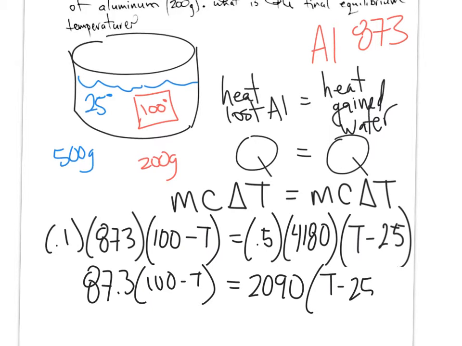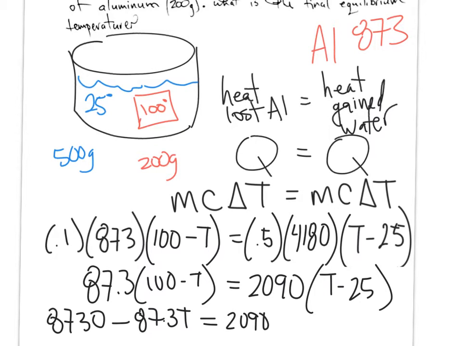We're going to distribute, and distribute 2090 times 25.